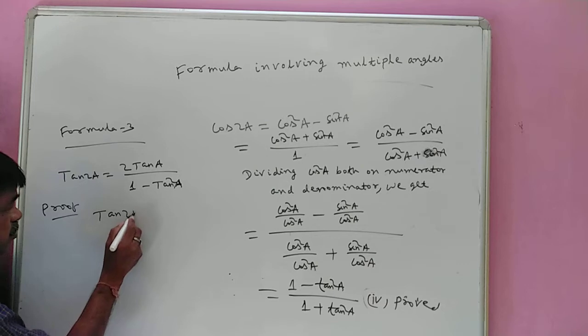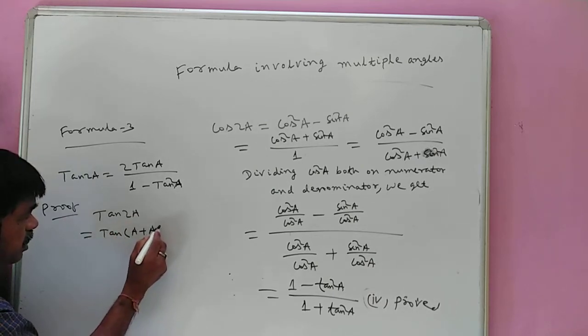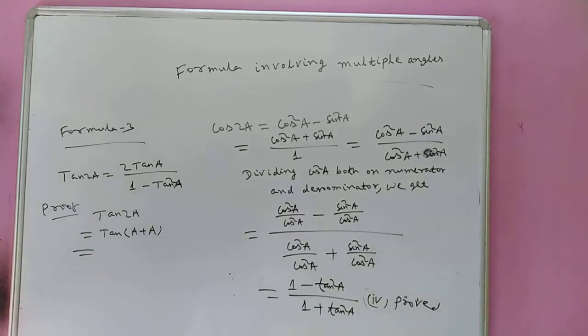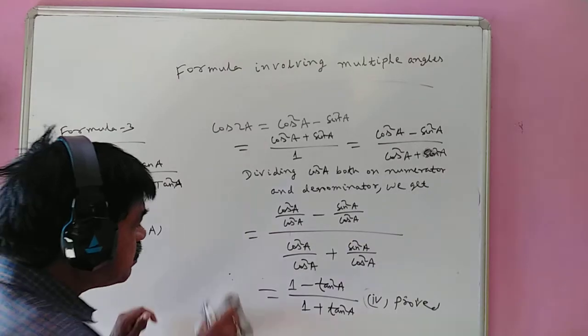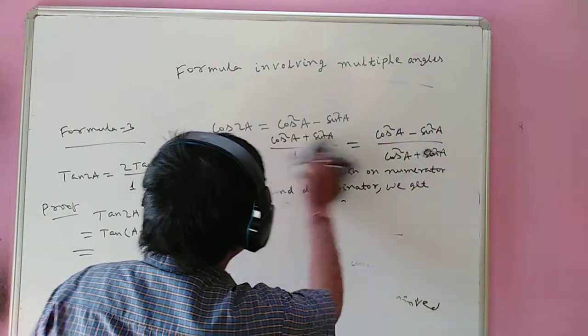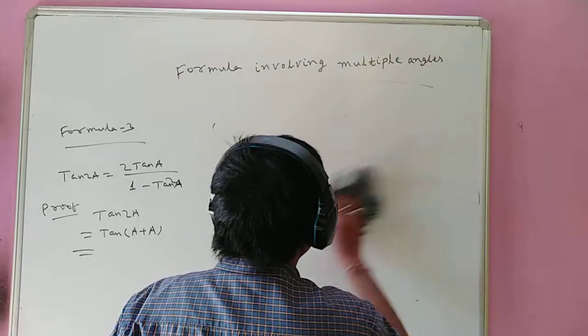You know tan 2A you can write as tan of A plus A. And you know tan(A plus B) is tan A plus tan B divided by 1 minus tan A into tan B. That formula we have already discussed in the previous classes.